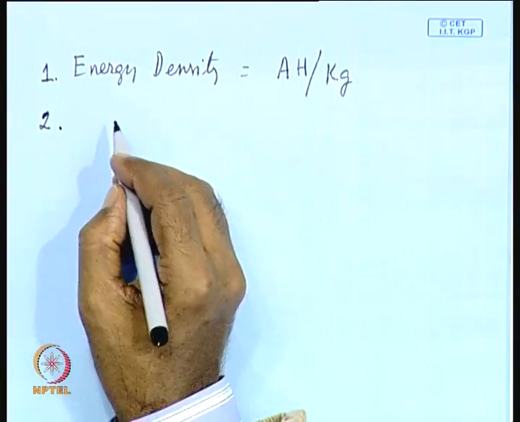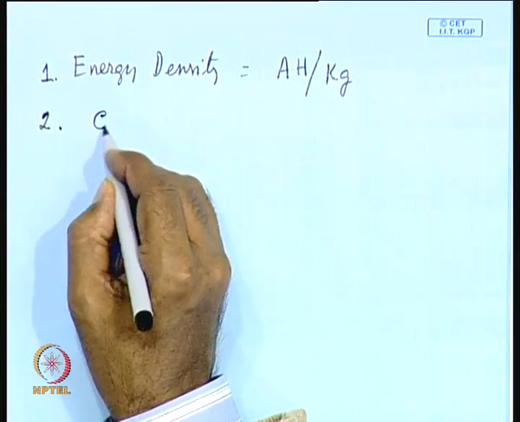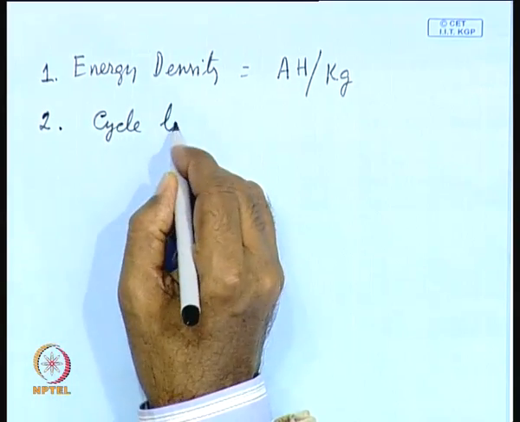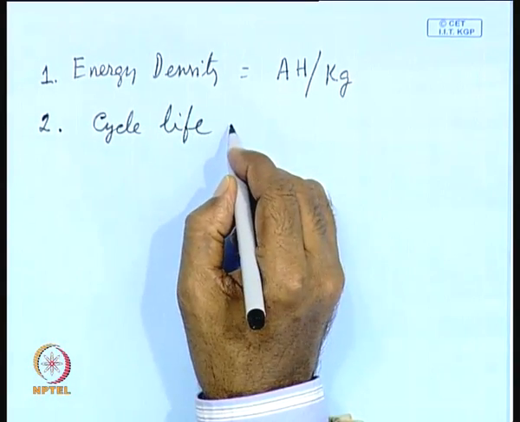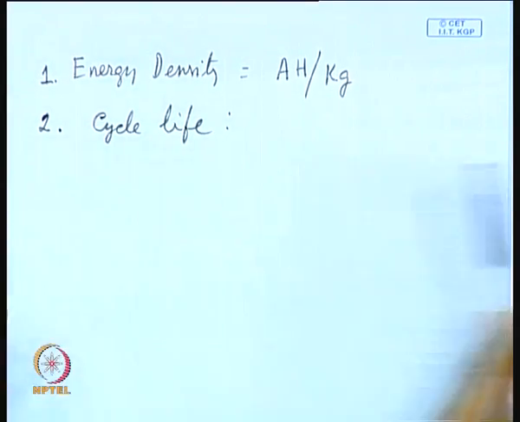Second important parameter is cycle life. What is cycle life? As you know, these batteries which are commonly used in these embedded systems are rechargeable. The question is, how many times can charging and discharging take place?